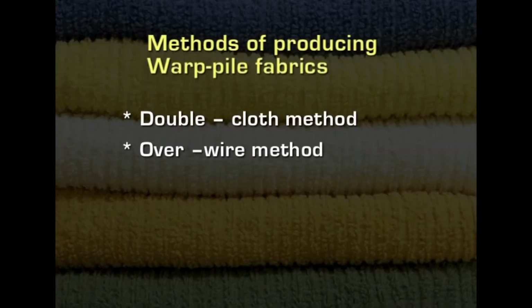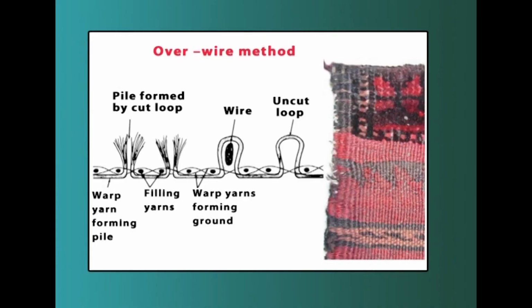And then coming to the second method, that is the woven wire method. In this, a single cloth is woven. The weaving here employs wires that are placed across the width of the loom over the ground warp and under the pile warp, and the size of this wire is determined by the depth of the pile to be produced.